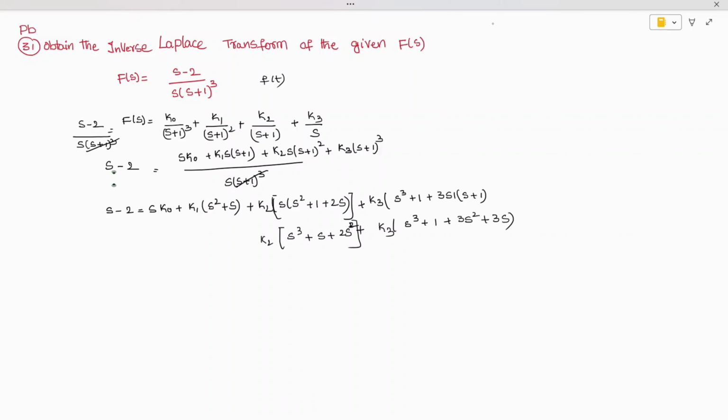When you come here, this is k1 s square plus k1 s, and first term is s into k naught.